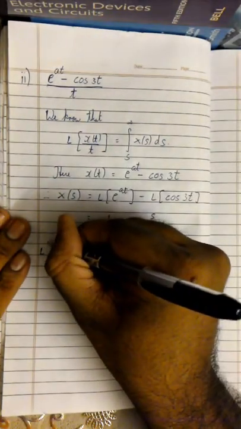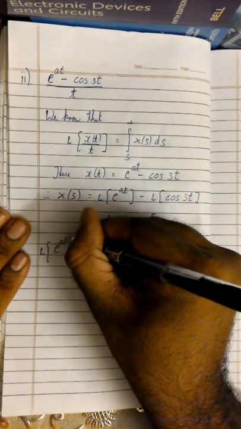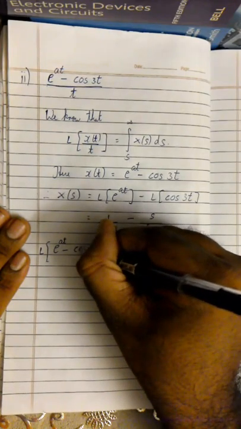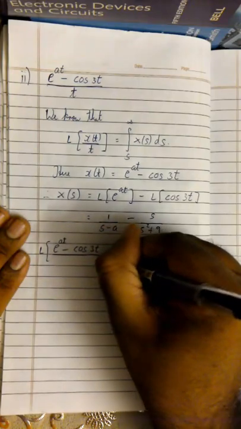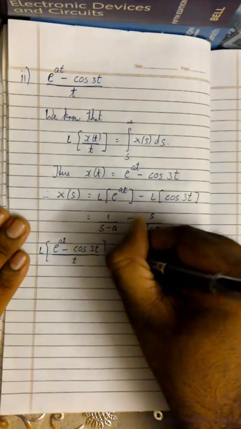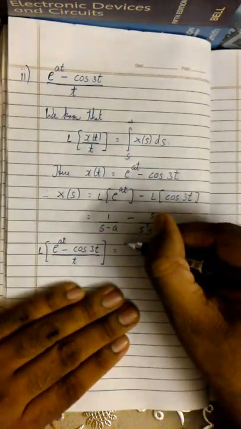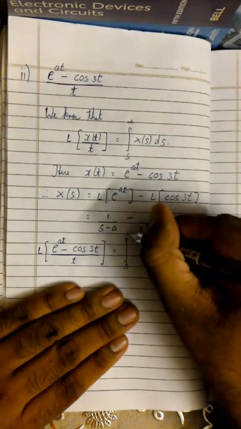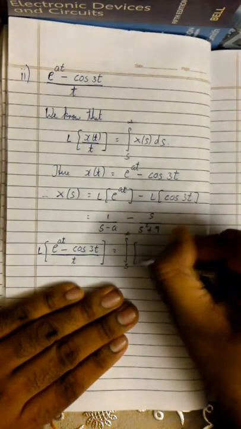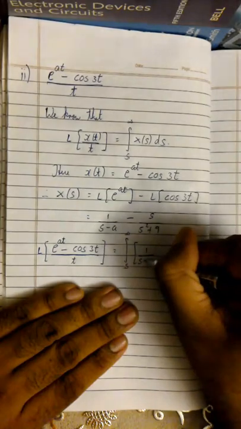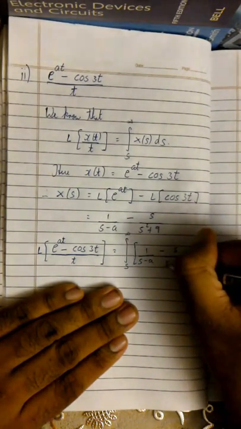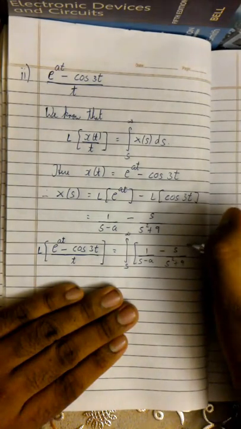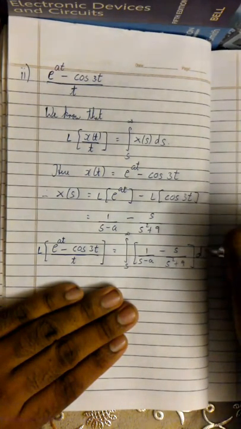So the Laplace transform of e raised to at minus cos 3t by t is nothing but the integral from s to infinity of 1 by s minus a minus s by s square plus 9 ds.